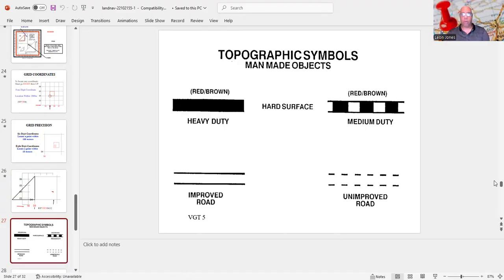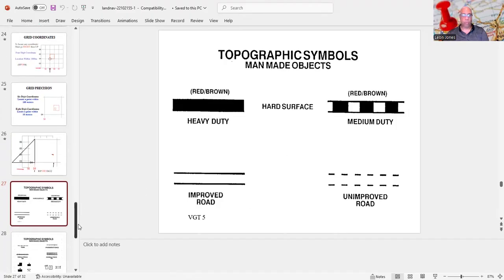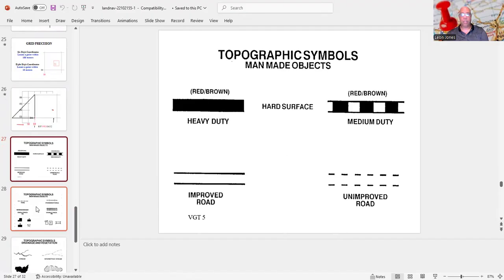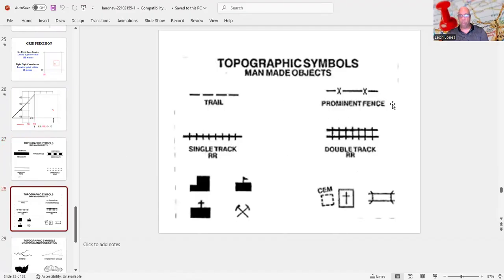And here are your topographical symbols, your man-made objects: hard surface, heavy duty, red, brown, medium duty, red, brown, improved roads, unimproved roads, some of what you see on the legend, trail, prominent fence, single track, double track. What is this? Buildings, cemeteries.